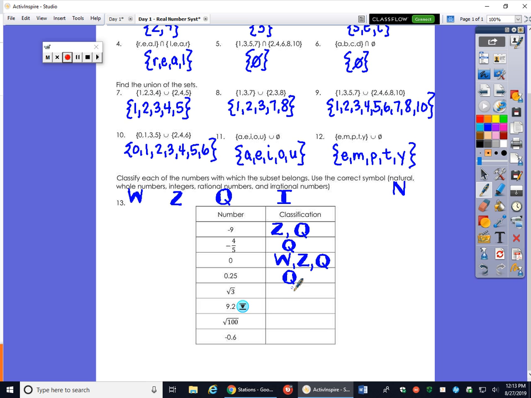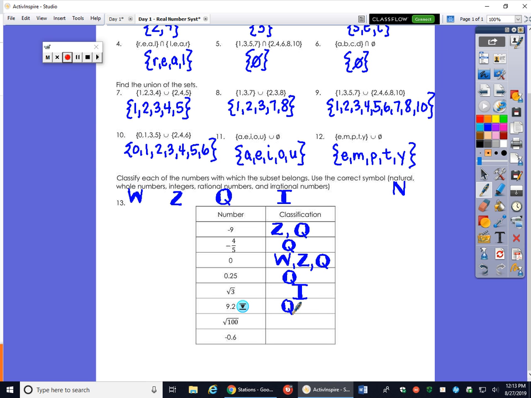So this is going to be an I, and it's going to be kind of all by itself because irrationals are just kind of loners. 9.2 is going to be a rational number. It's a decimal. So it's not an integer, it's not a whole number, it's not a natural number, it's a rational.